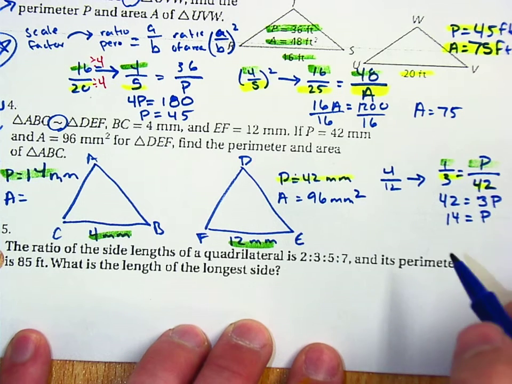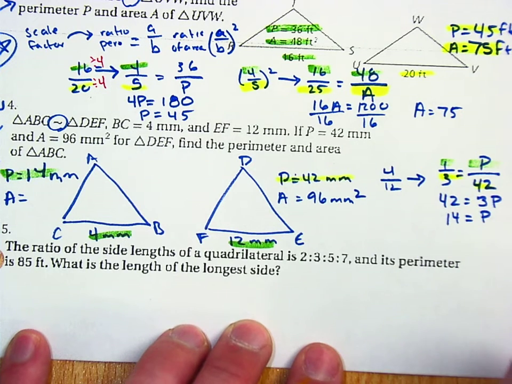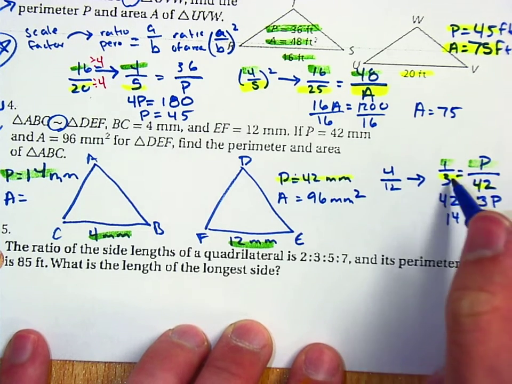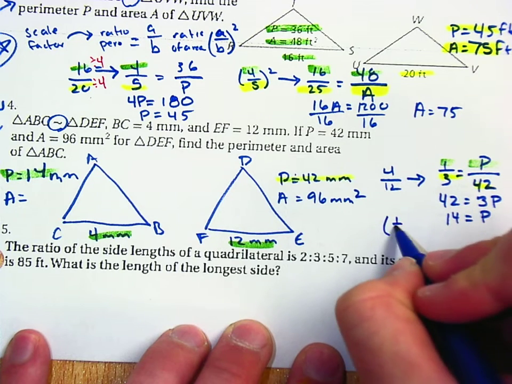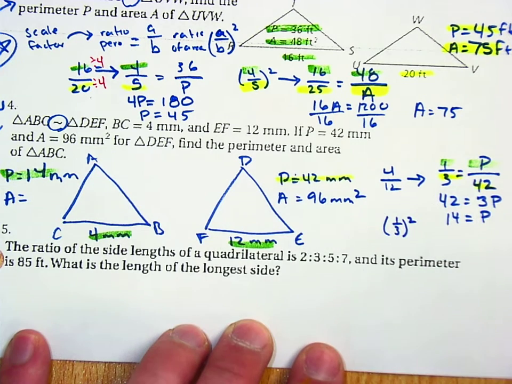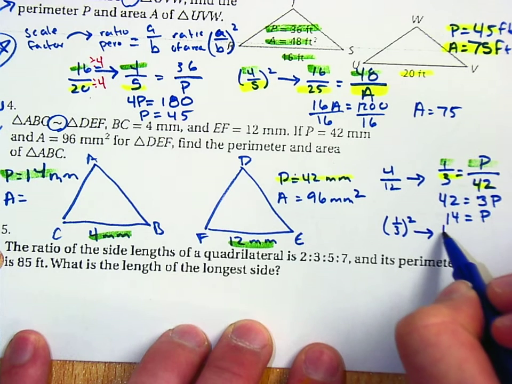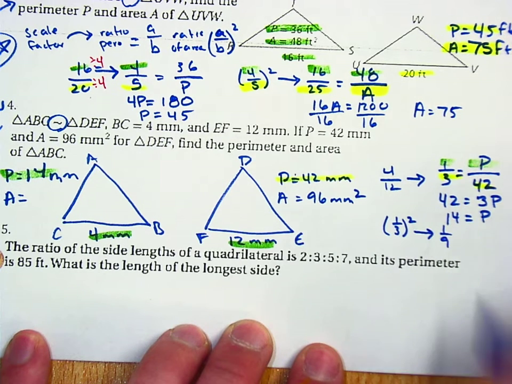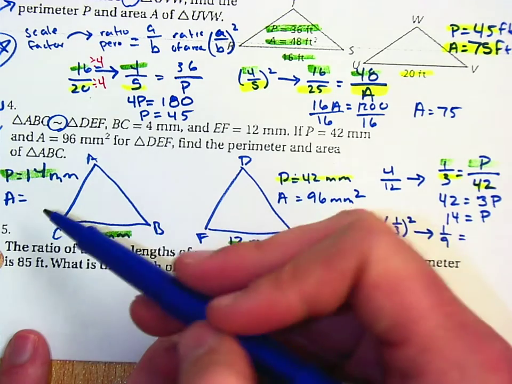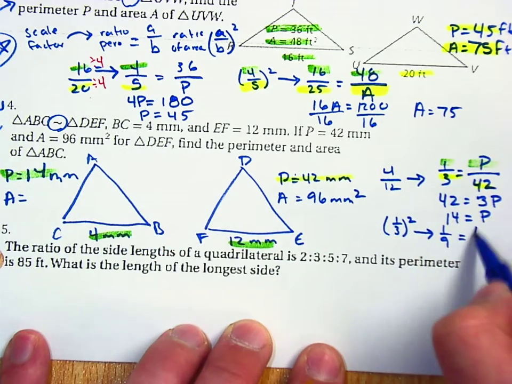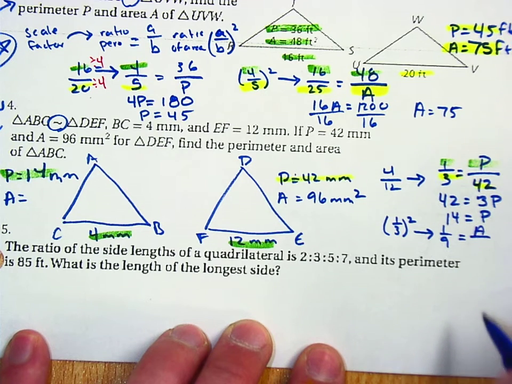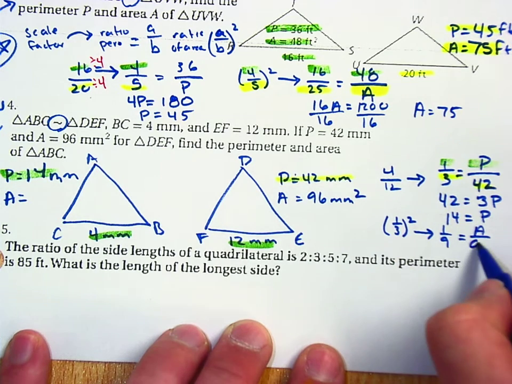Okay, well, now I need area, so I need the ratio of the area. And I do that by squaring the ratio of the perimeter. So 1/3 squared is 1/9. Small over big equals, well, the area of the small I don't know. It's A. The area of the big I do know. It's 96.